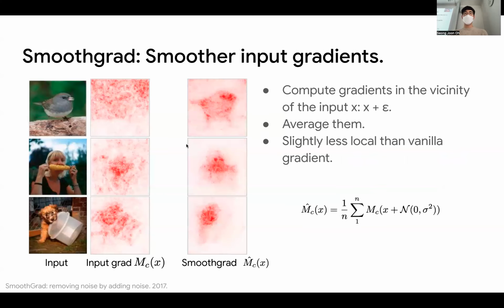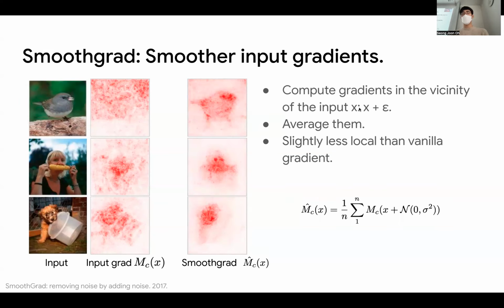So what people tried was to get a smoother estimate of the contributions. What they do is they perturb the input, and then based on those perturbed inputs, you get the input gradient, and then average them, okay?